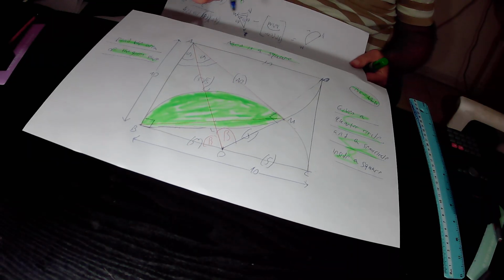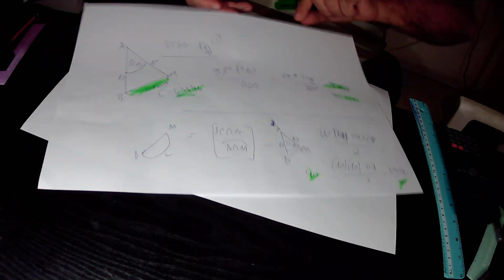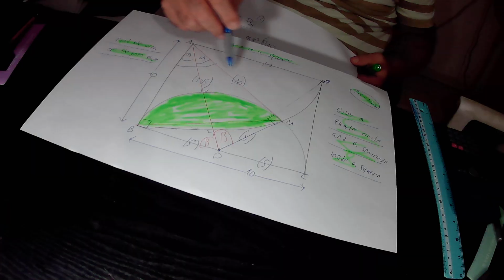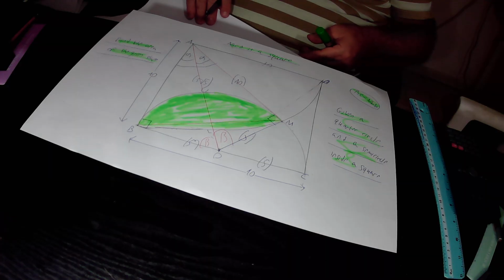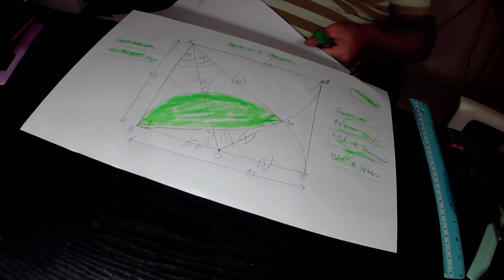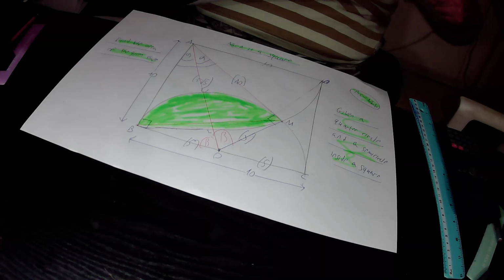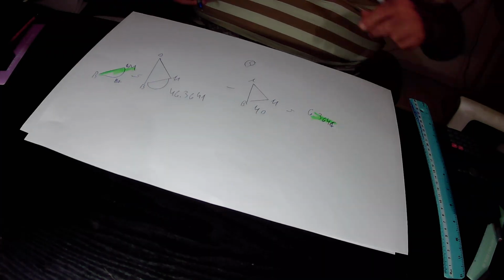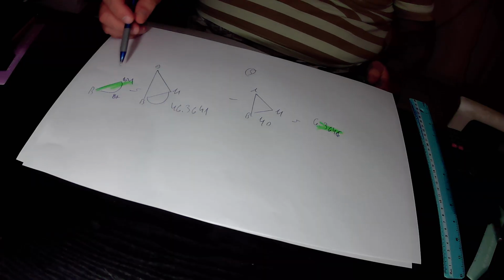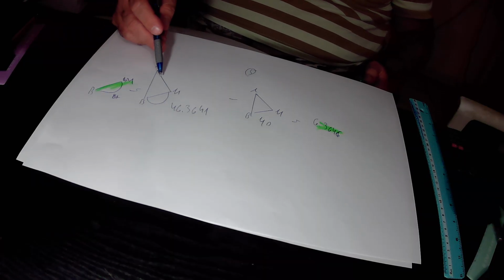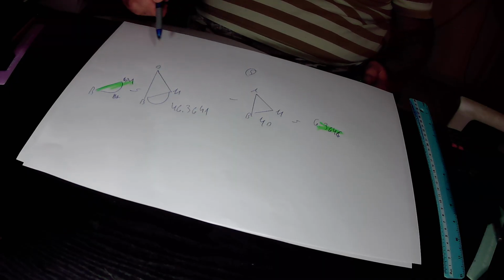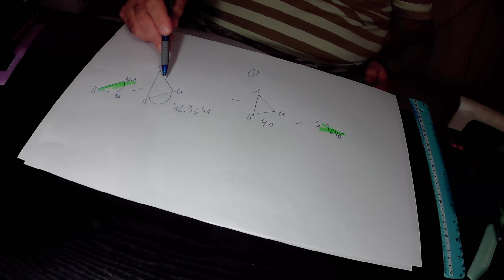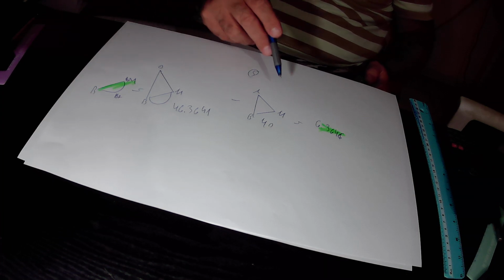And we have to add to the area of this segment BLM the area of the upper segment BUM. What is the area of the upper segment BUM? Before that, I put on what we did until now. The area of this segment BLM equals the area of the sector BUM, that is 46.3641, minus the area of this triangle BOM, that is 40.